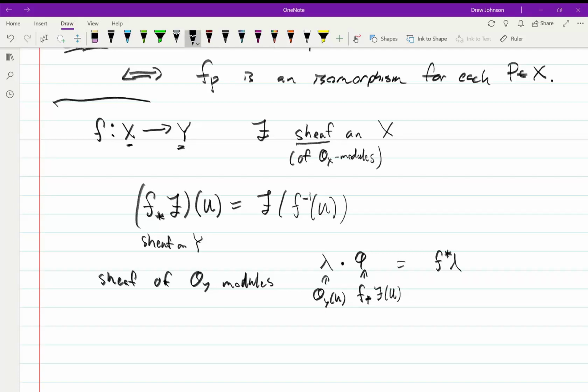Remember, a morphism of schemes comes with a pullback map that takes an element of the structure sheaf of Y to an element of the structure sheaf of X on the inverse image, right? And then f pushforward F of U by definition is just F of f inverse of U. So we'll just have the same phi here. And then this action makes sense because this is just O_X(f inverse U) acting on the O_X module F, right? So that's all good.